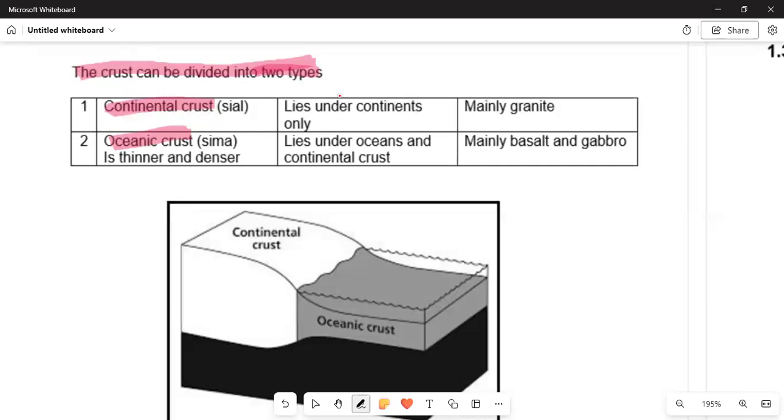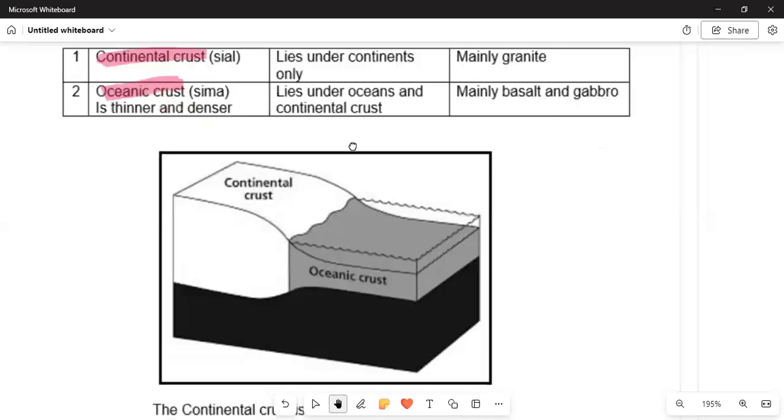The continental crust is mainly granite. The oceanic crust lies under the ocean, not the continent, and it is mainly basalt and gabbro. So this is the basic picture of the crust.